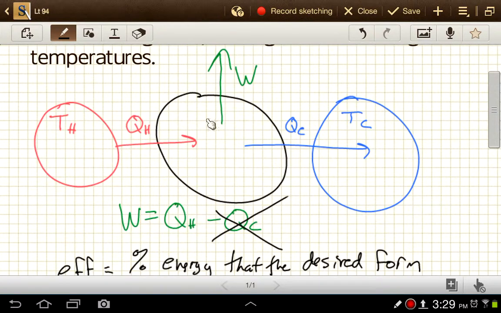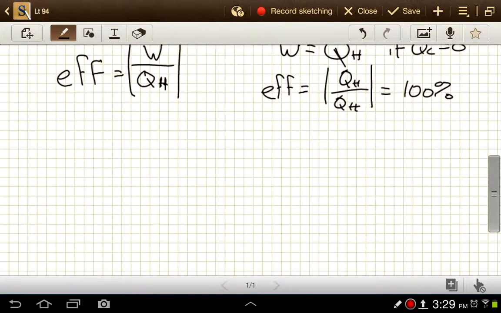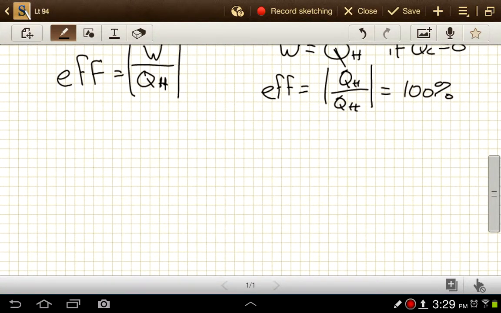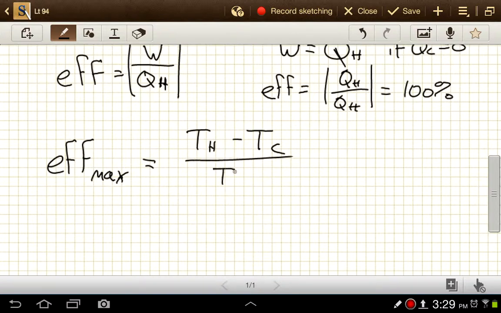Not so much on this temperature, that kind of factors out of our equation. And it depends on the temperature of the cooler surroundings. And so it turns out that we can calculate the maximum efficiency. The maximum possible efficiency is given by this equation. It's written as the temperature of our hot reservoir minus the temperature of our cold reservoir, divided by, again, the temperature of the hot reservoir.